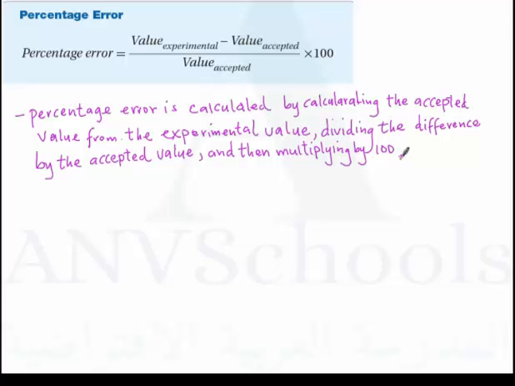So it is presented here: percentage error is the experimental value minus the accepted value, divided by the accepted value, multiplied by 100. That is how we work it out.